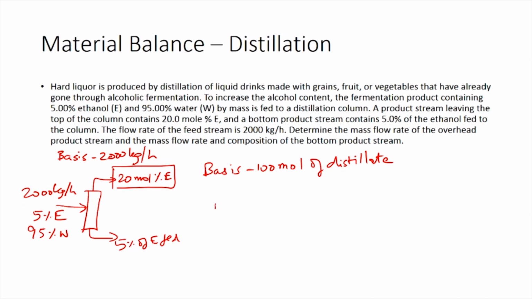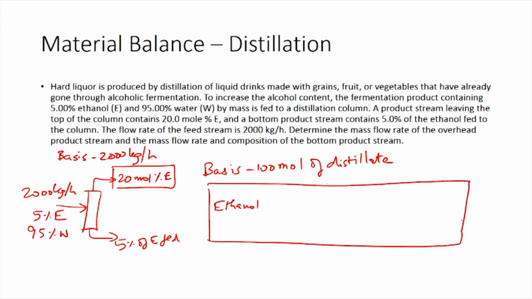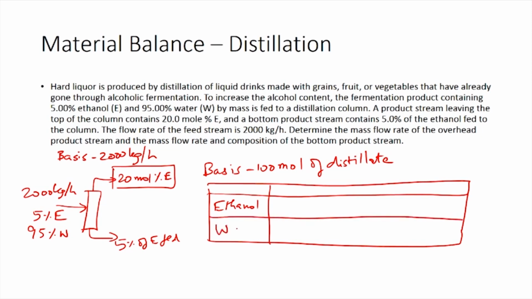So, the table would contain the components which are ethanol and water, and you would have to write down the number of moles of each, the molecular weight of these streams and the mass of these components, and finally you will be able to calculate the mass percentage.